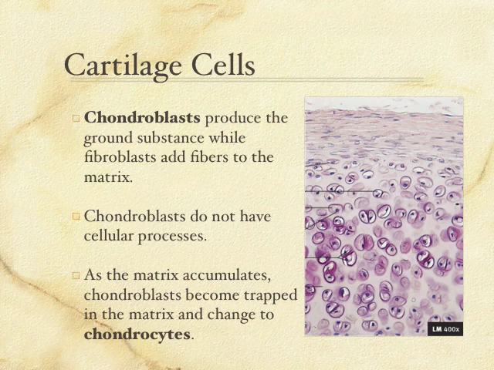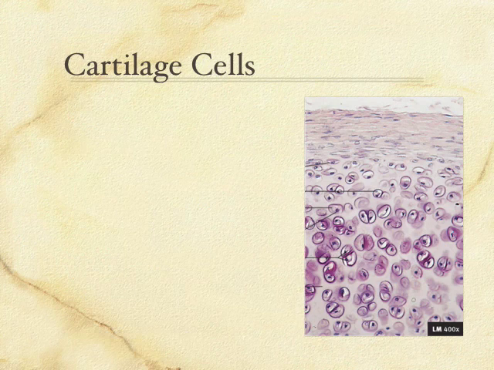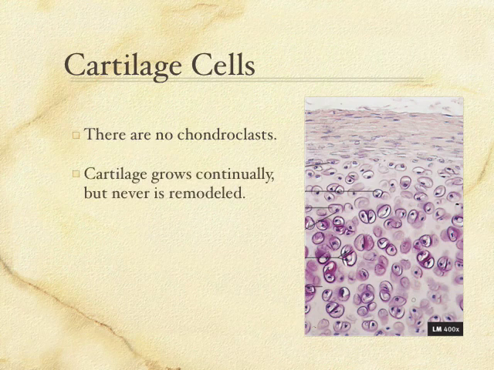Cartilage typically does not bear weight like bone does. So there are many different purposes for cartilage, and so it doesn't operate and change in the same way. So, there are no chondroclasts. Cartilage grows continually. It doesn't remodel.